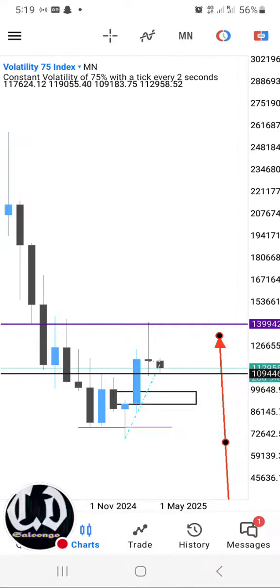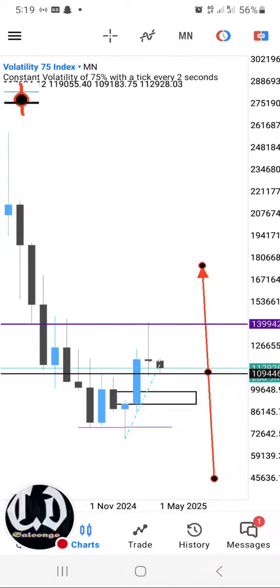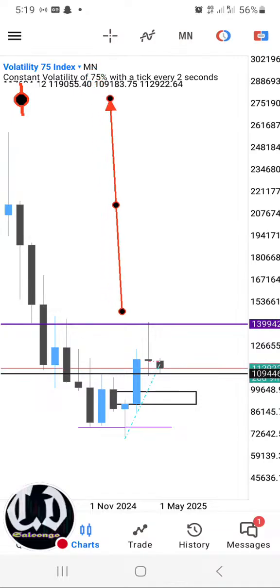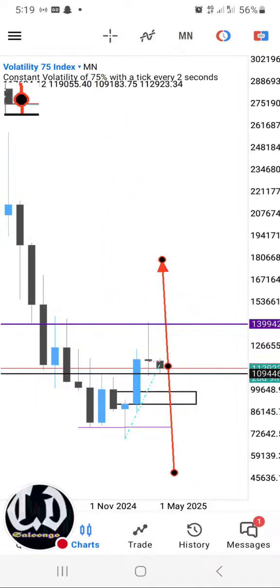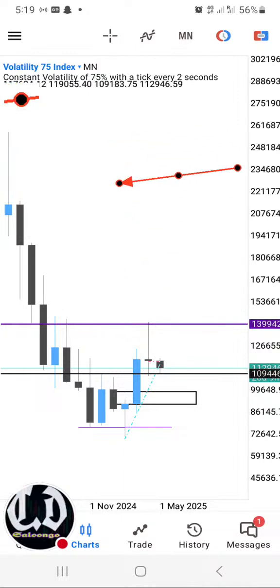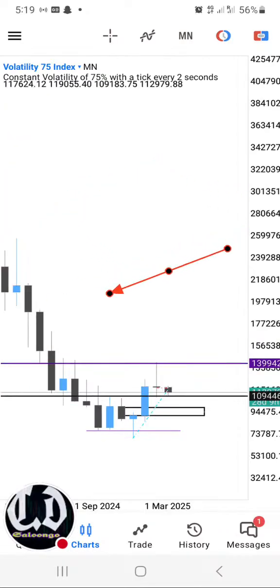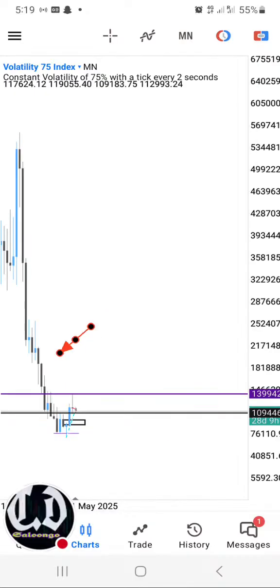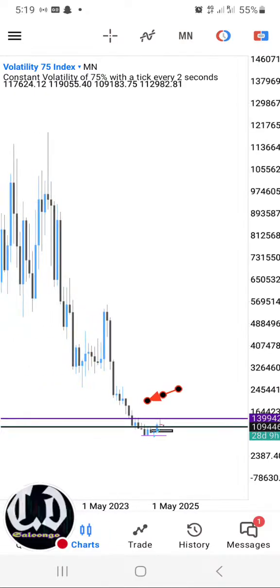Right, as well, we have here our monthly time frame, and this is our monthly chart. We can see that our Volatility 75 index has been moving almost downwards for a while. We can see that the overall trend is down.